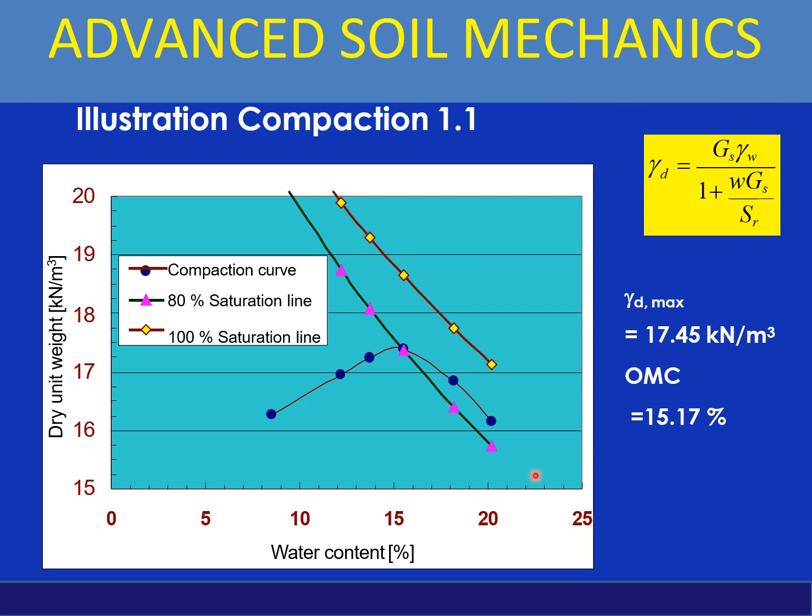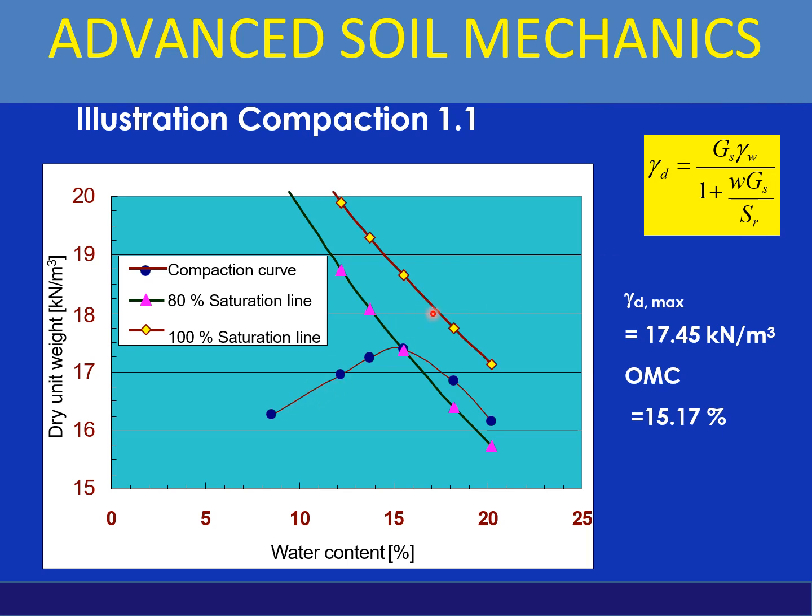So saturation line, 100% saturation line, or corresponding to any degree, you can use this one. You can put the moisture content value and the GS value and gamma W, and you can get gamma D. For 100% saturation, you will have to put S sub r equal to 1. For 80% curve, you will have to put it as 0.8 over here.